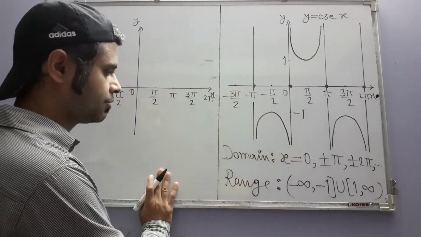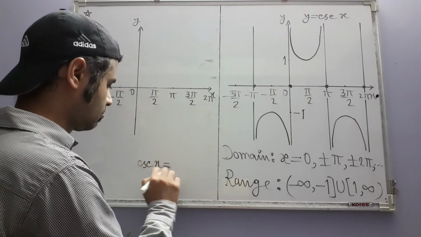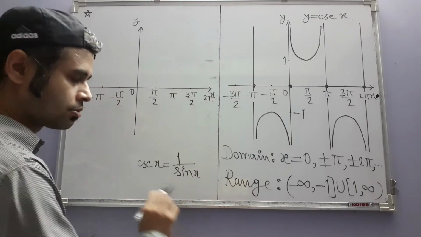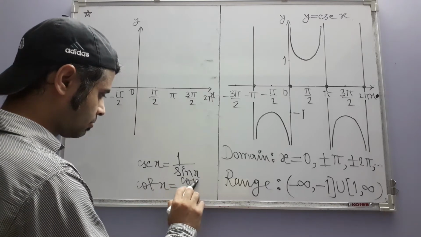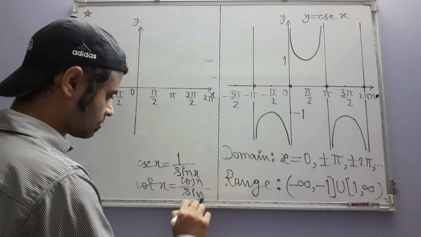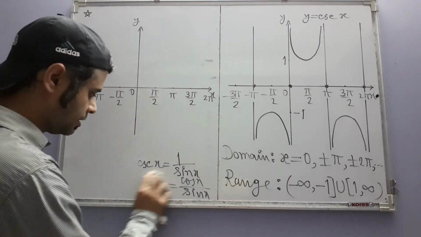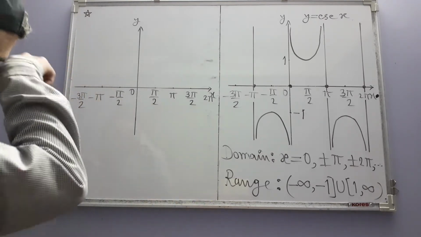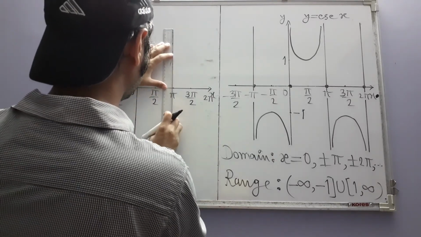The same thing we have to do here, because this is 1 over sin x, so sin x should not be 0, and cot x is cos x divided by sin x. So here also sin x should not be 0. So that means we have to avoid these lines again.